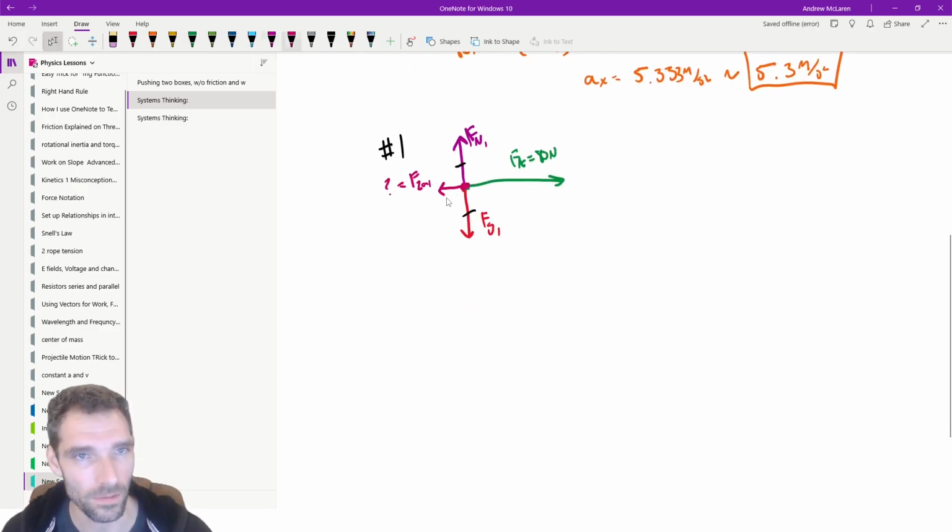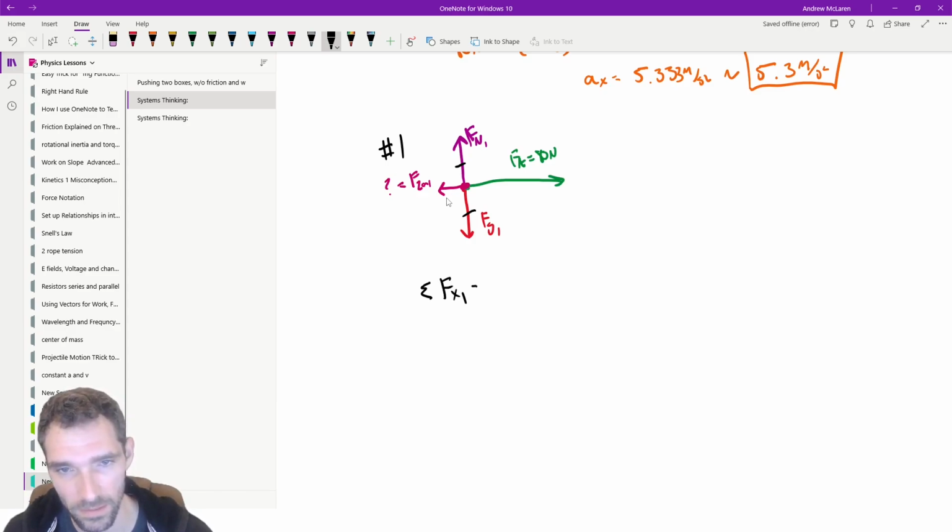So if we were to look at the sum of forces for the x direction for box 1, it is going to be this force applied to the whole system as well as just applied to 1, plus the force of box 2 on 1.